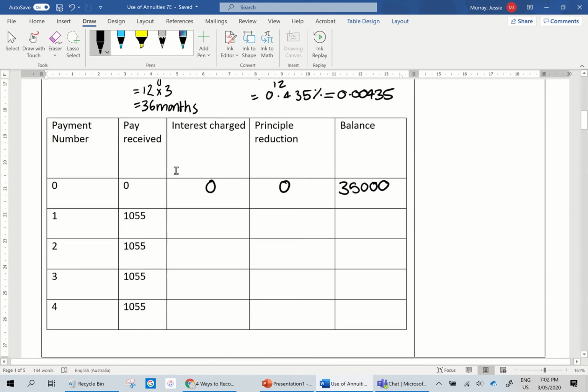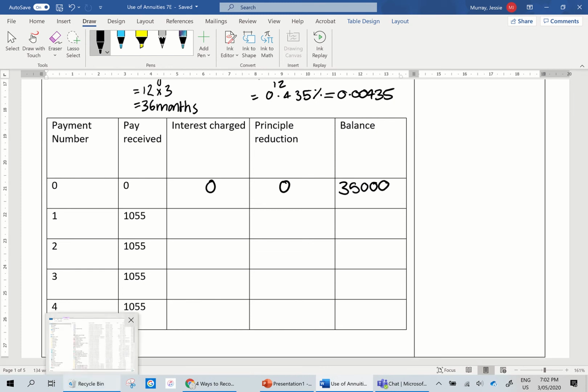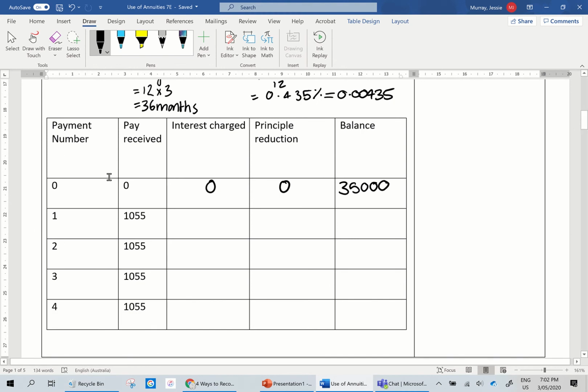So we've got payment number, so what month I'm up to. The payment received is always $1,055. No matter the fact that this loan is obviously going to keep reducing, I'm still paying off that same amount every single month until it's done. So initially, at the very, very start, they don't just make you pay up front.